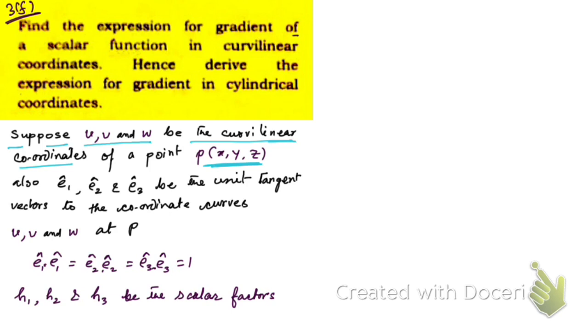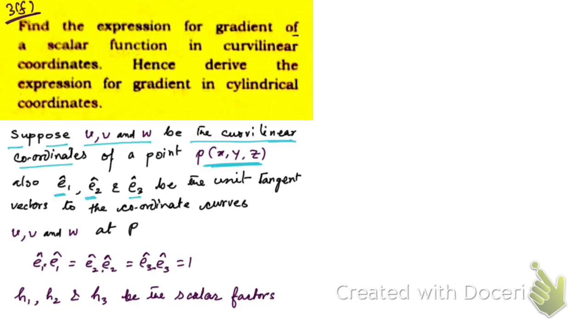And we have considered the unit vectors in the curvilinear coordinate system, e1 cap, e2 cap and e3 cap, like as we considered in the Cartesian coordinate system i cap, j cap, k cap.